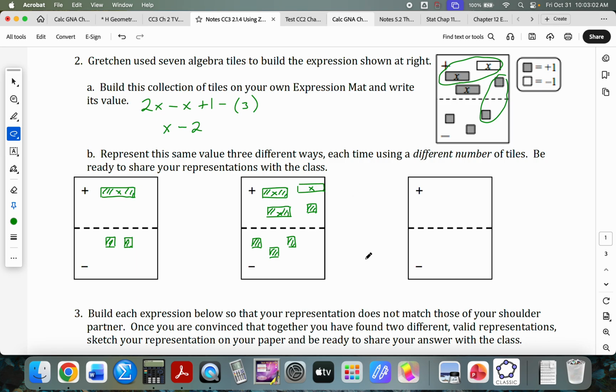So I've started with what they started with. What if I then added on these two tiles? Have I changed its value? Nope, because I've added on 0, right? Adding on 0 or subtracting off something that is 0 does not change its value.